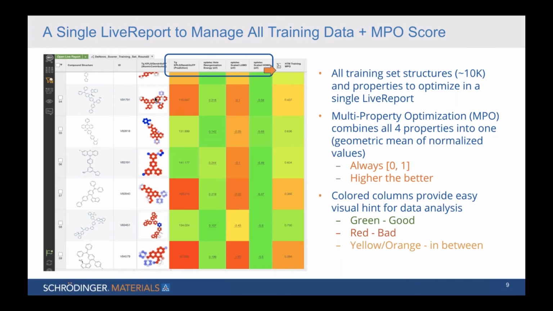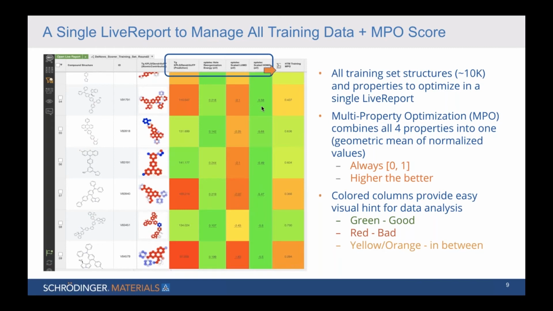In addition, because of how we built this particular machine learning model, it also enables us to visualize at the atomic level which atoms or fragments made a positive or negative contribution to the property. So we can embed the visualization of the model, or the annotation of the structure, as an image into the live report together with the numerical value. The next three columns are the hole reorganization energy, LUMO energy, and HOMO energy.